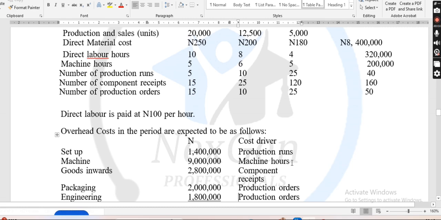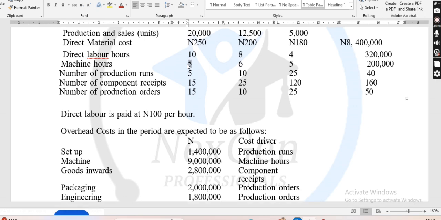Thank you. So machine, right? What is the cost? 9 million divided by the machine hours. Now you can see that the total is given to you. If you still want to show your skill, you can say this is 5 hours per unit. You will use 5 hours to produce 1 unit.